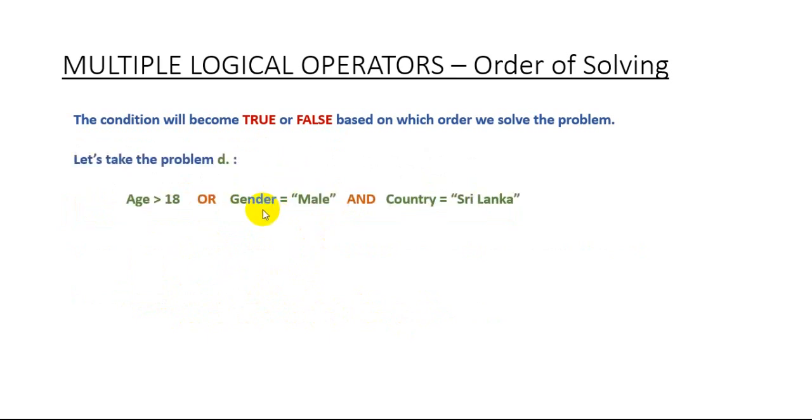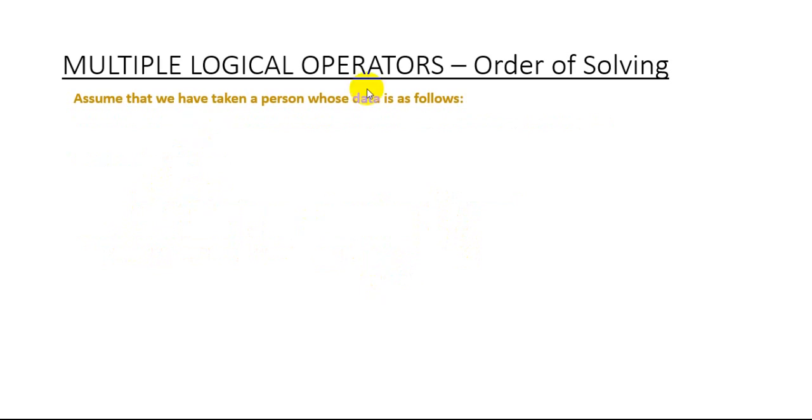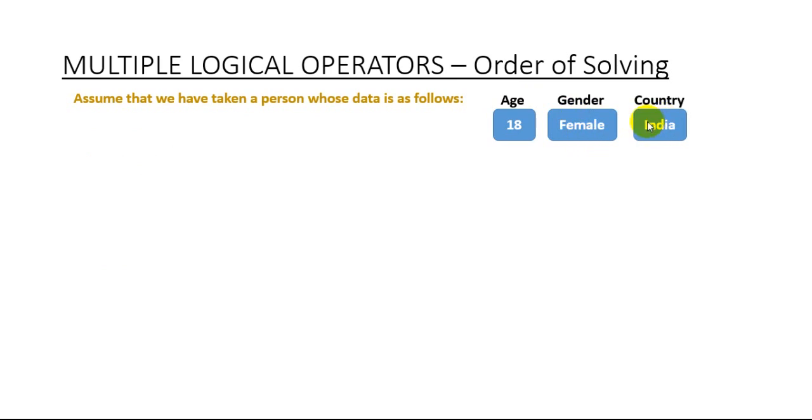We take the problem D, which is this one, and let us solve the above in two ways: OR first and then AND first. To do this, we will assume some values for a person. Someone's age is 18 years, gender is female, and the country is India.